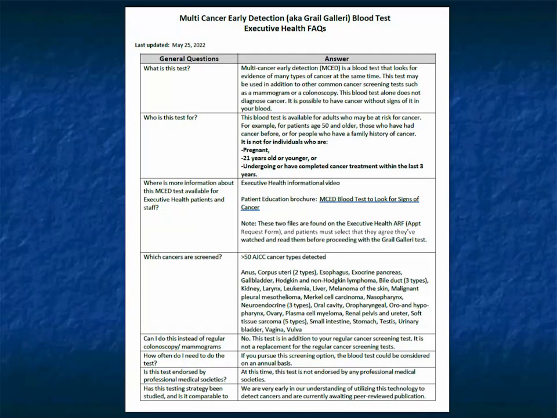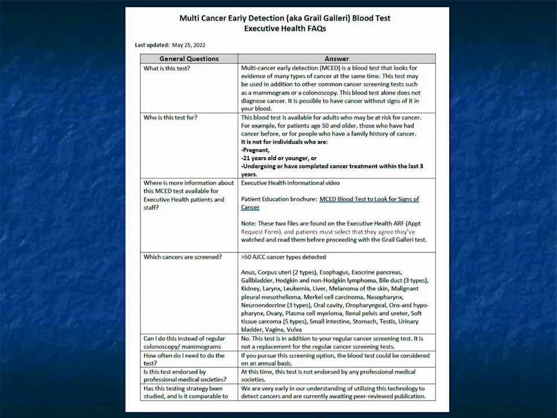This was the questionnaire, and in this study, they used executive health physicals. So you had a little different population, patients who were really interested in detecting things early. They explained the test. They explained how the study would work. They explained some of the cancers you might find.